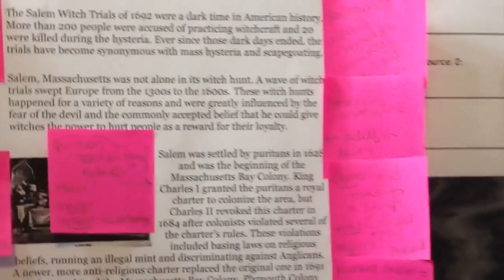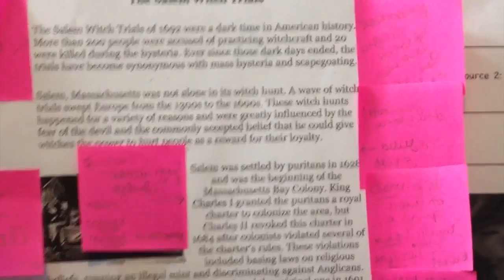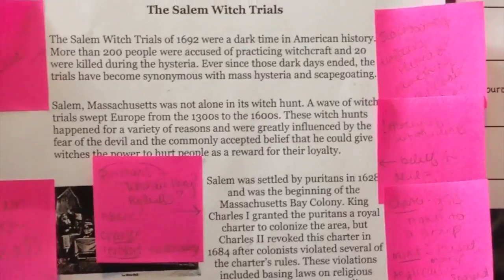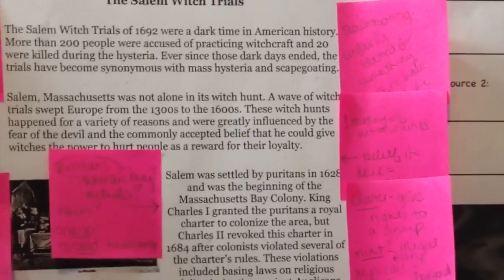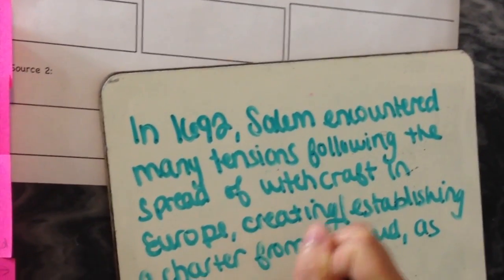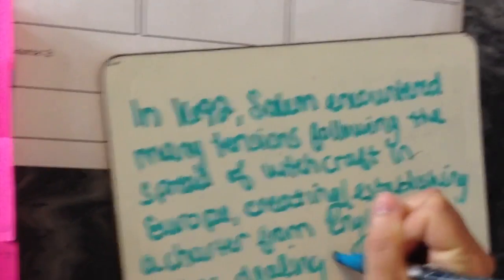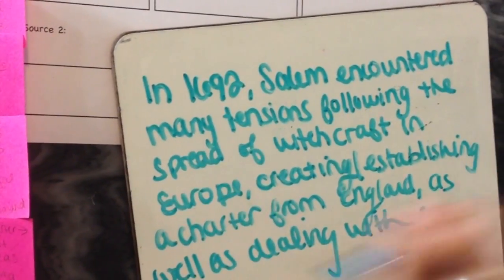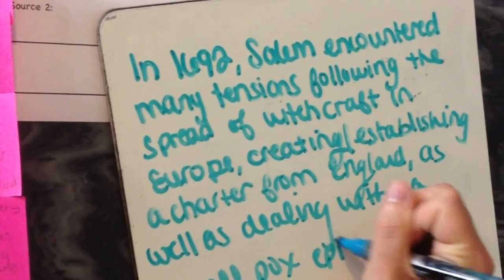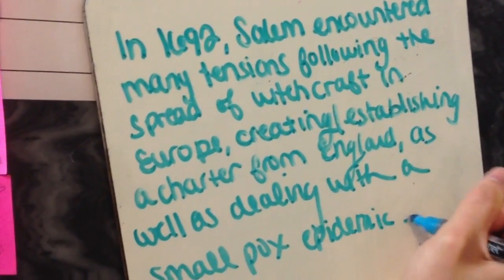And then really all of this was very key in terms of the different tensions they're facing in Salem at that time. So I might want to put down as well as dealing with a smallpox epidemic. And I'm just going to do ... because I want to take the key ideas from this paragraph.